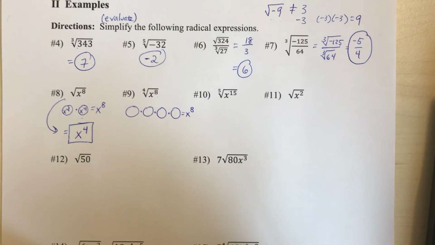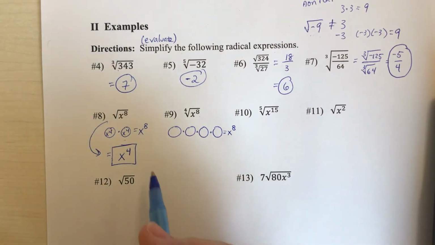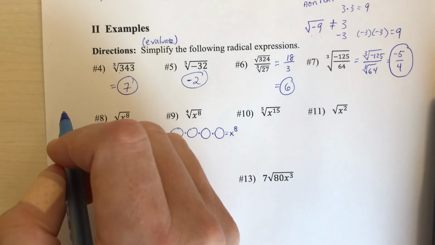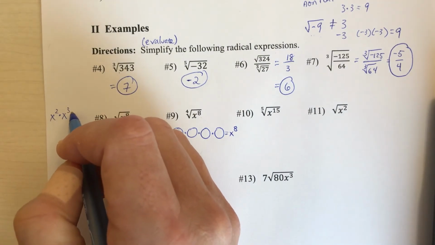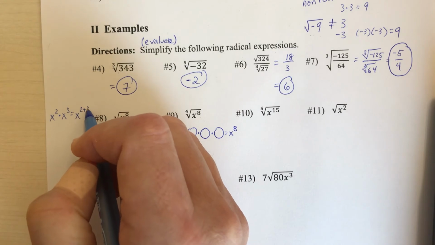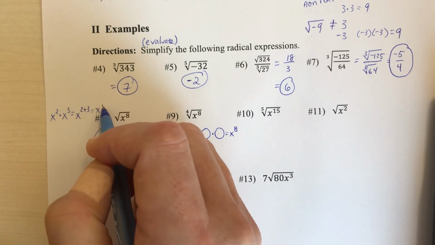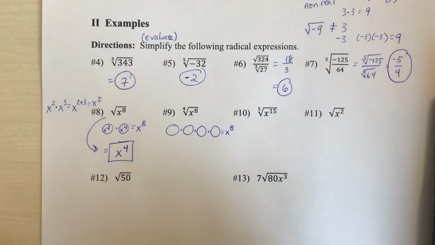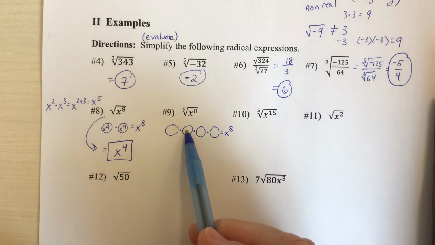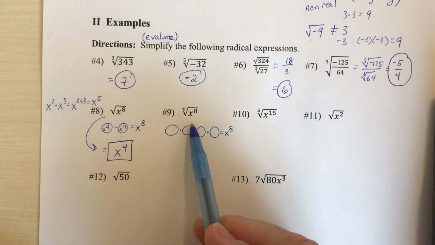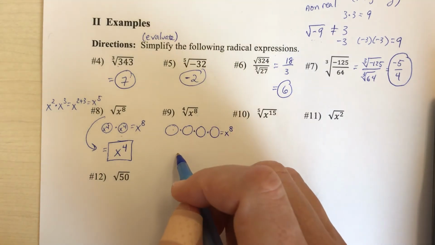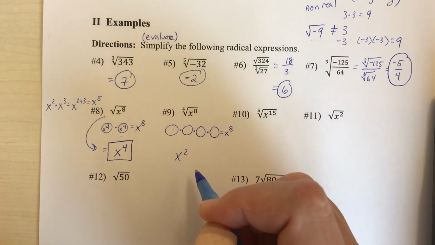Now, one of the other things we need to understand is our rules for multiplying with variables. If I take x to the 2nd times x to the 3rd, the rule is we add the exponents. So when I'm trying to think of 4 things here that multiply that would give me x to the 8th, I would be adding up these exponents, and so those would be x to the 2nd.